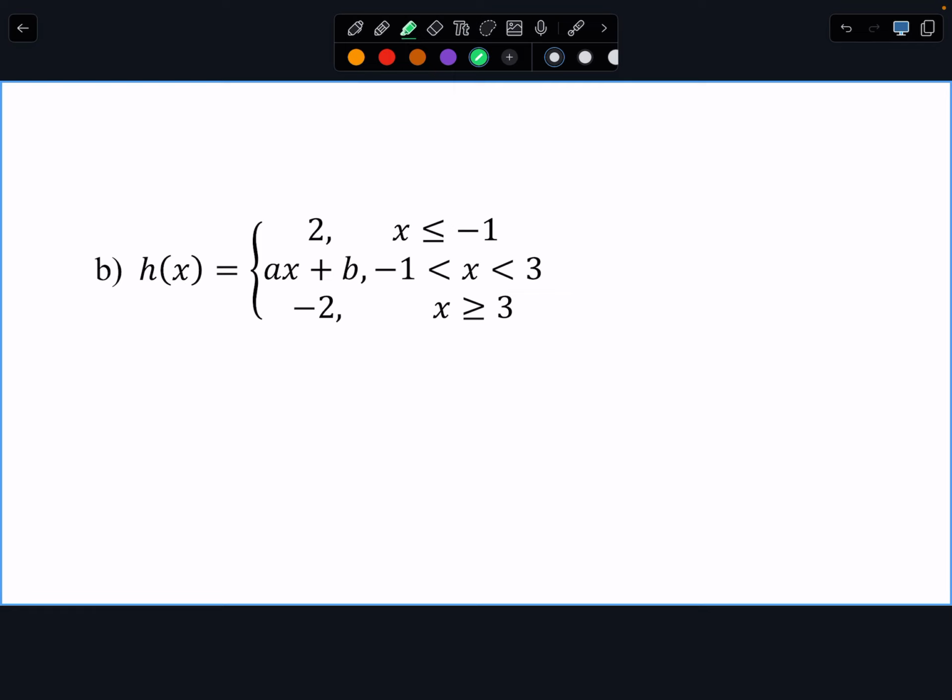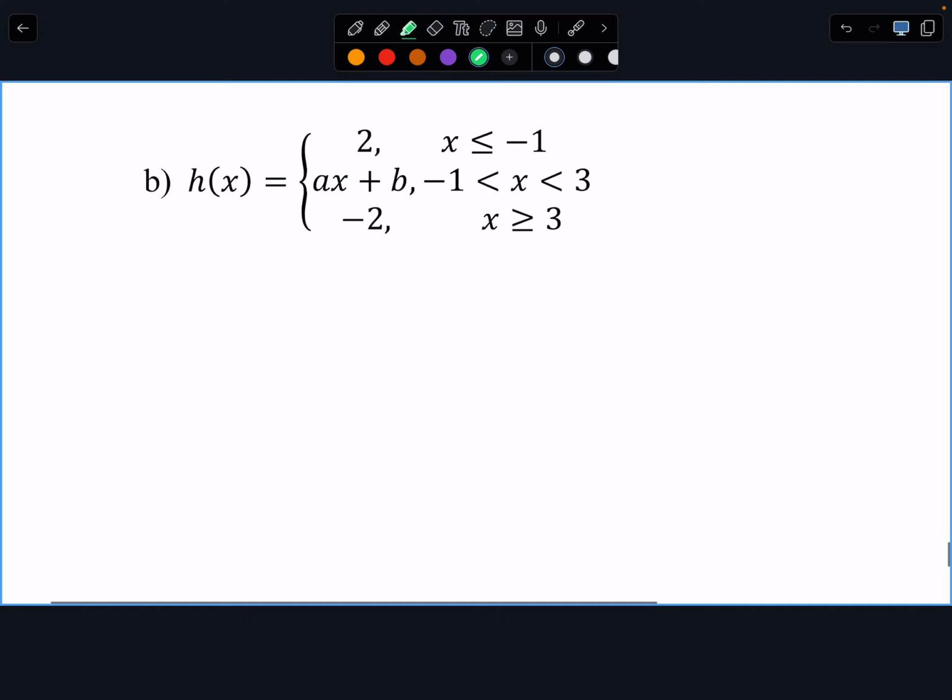Okay, so you do 2 equals x, and then use the elimination lower limit, and then you do the limit as x approaches 3. And then you get a is equal to negative 2.